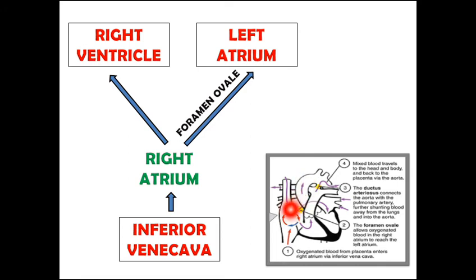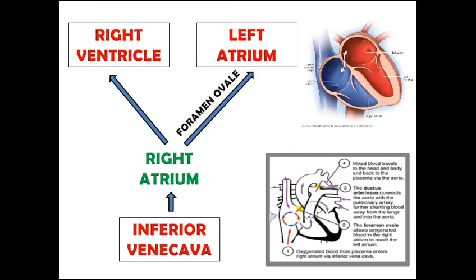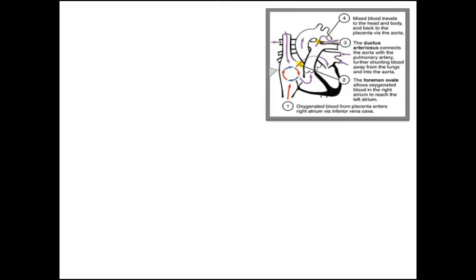Since the foramen ovale is present here, that is why the blood from the right atrium will go into the left atrium. This was the structure that I had already shown you. The foramen ovale allows the passage of blood from the right atrium into the left atrium. So these are the two pathways which the blood from the right atrium can follow.